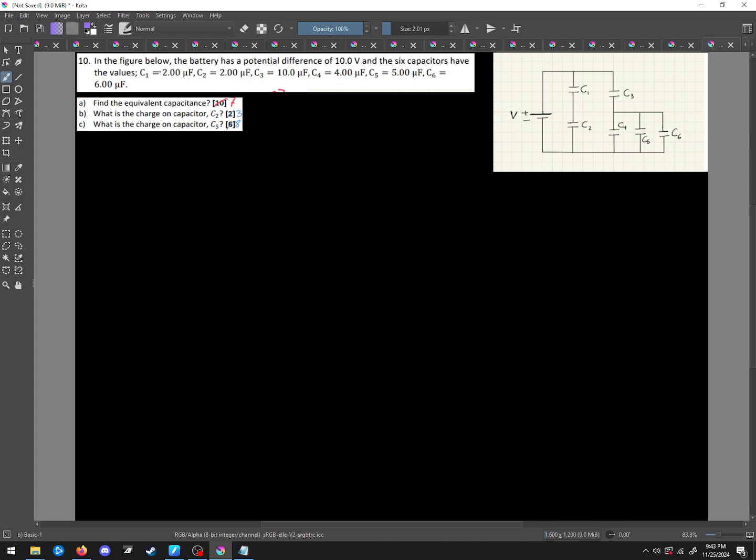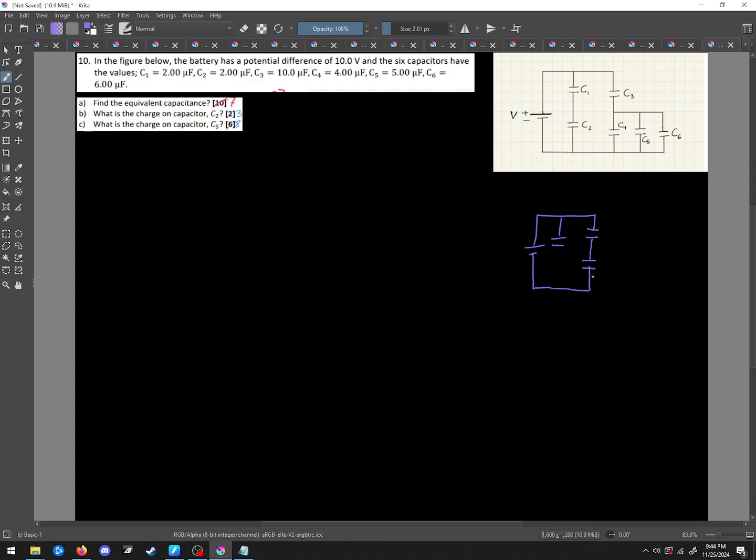Let me show you what I mean. So to redraw this here, I'm saying that this is going to be the equivalent of, I'm going to draw this kind of like this.